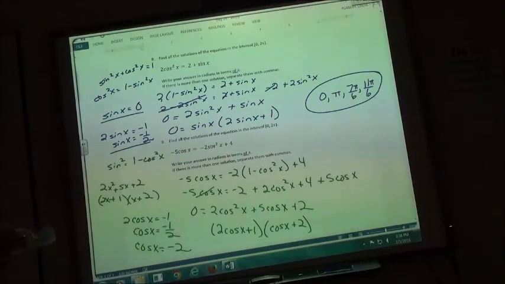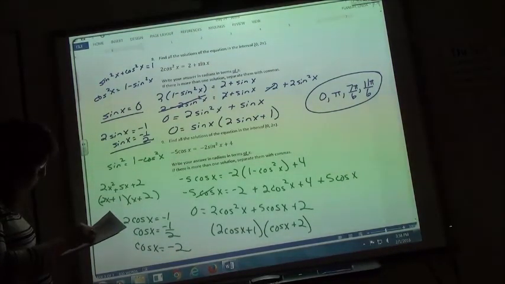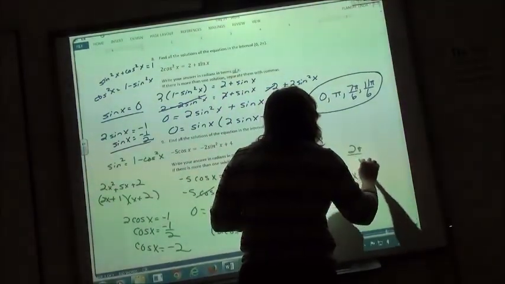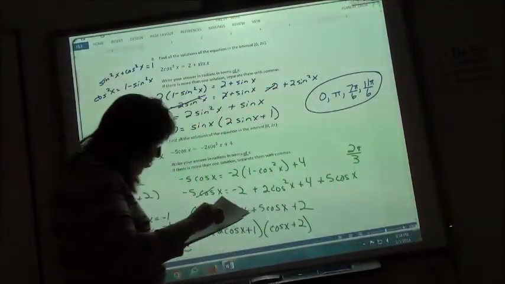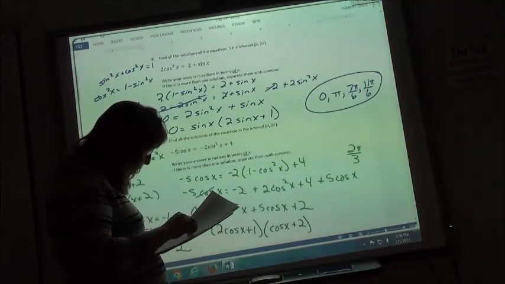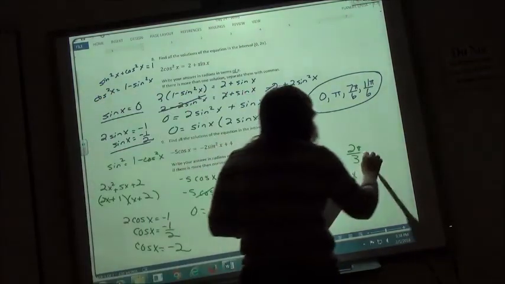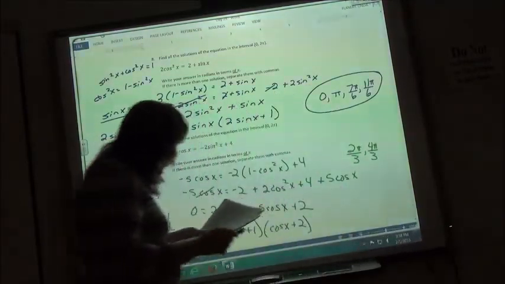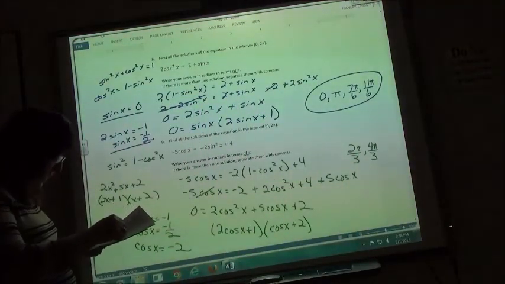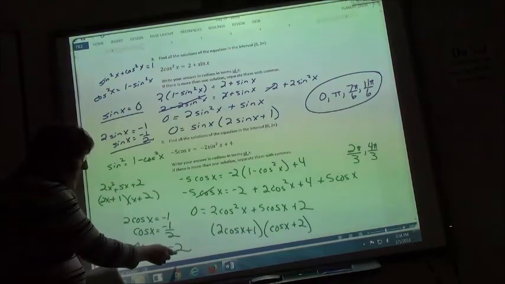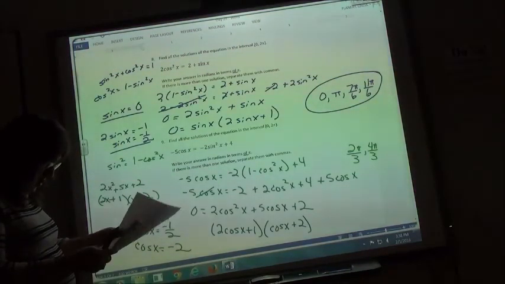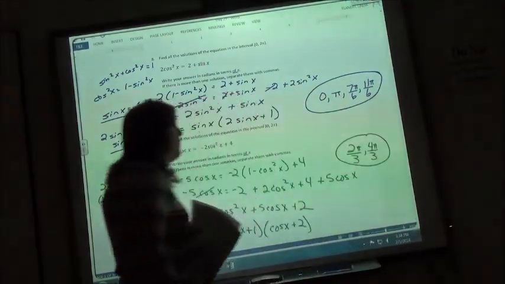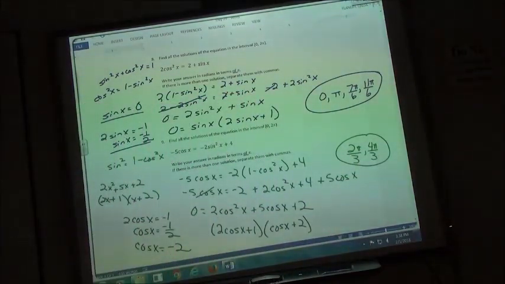Cosine of x equaling negative 1/2 would be at 2 pi over 3, and cosine of x equals negative 1/2 at 4 pi over 3. If I look for cosine of x equals negative 2, there aren't any that equal negative 2. So I'm just going to have those two answers, 2 pi over 3 and 4 pi over 3.